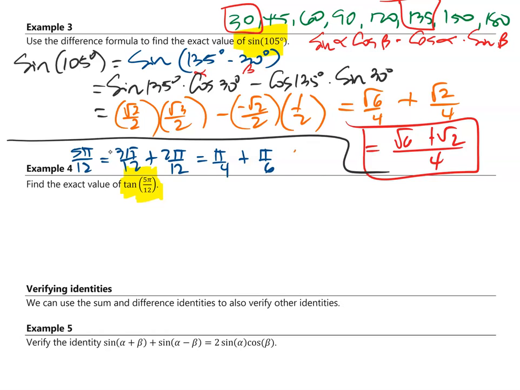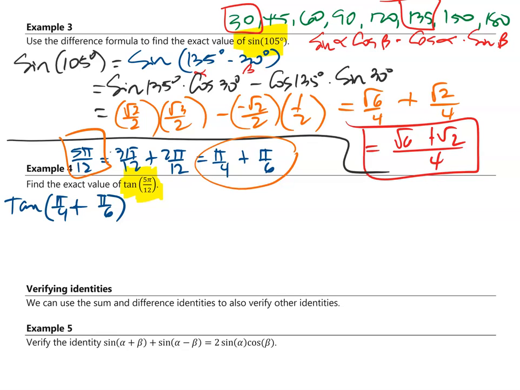So we are going to use this. Meaning we can rewrite tangent of 5 pi over 12 as tangent of pi over 4 plus pi over 6. Okay.